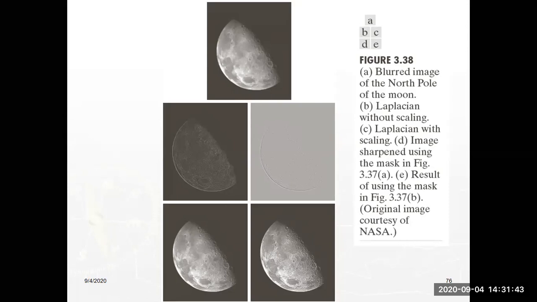Okay. If you take my figure, here there are 5 images. Figure A is my blurred image, and the second one, B, is the Laplacian without scaling.